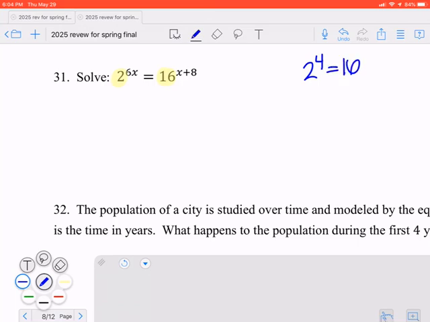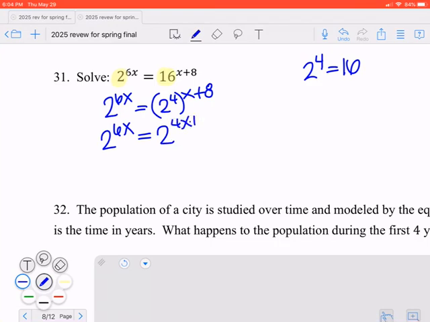So I'm going to replace 16 with 2 to the 4th, to the x plus 8. Now I'm going to simplify the right-hand side. Power to another power, we would multiply. So 4x plus 32, you've got to multiply the 4 to both of them.